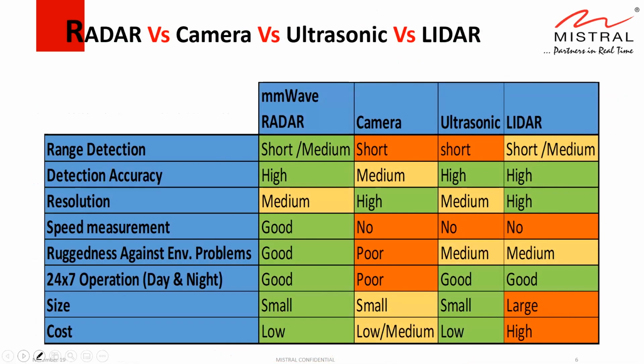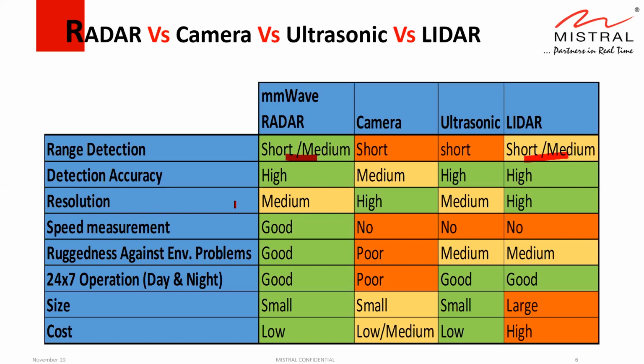So what is the specialty of radar? There are multiple technologies available to identify objects, like camera, ultrasonic, and LIDAR. What is the uniqueness of mmWave radar? If you take range, radar gives much better range resolution because it operates on the signal flight time, and LIDAR also gives some level of accurate range detection.